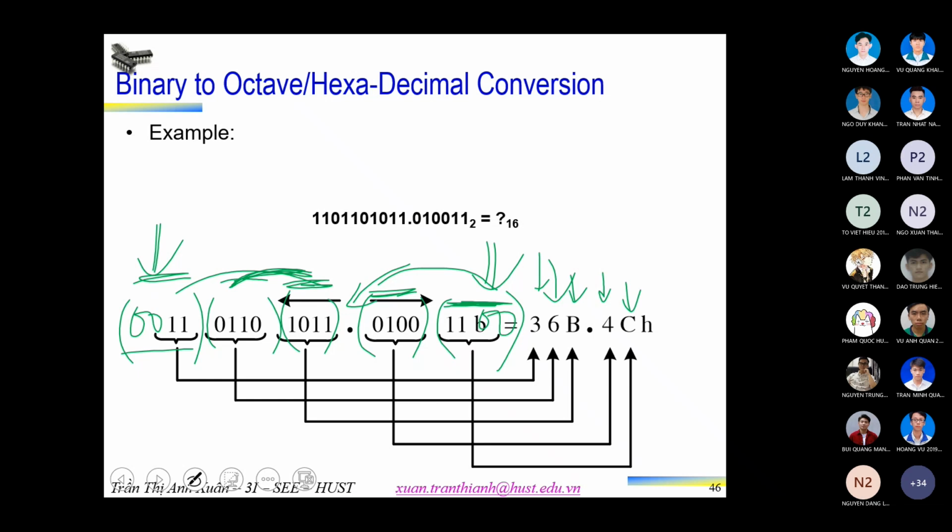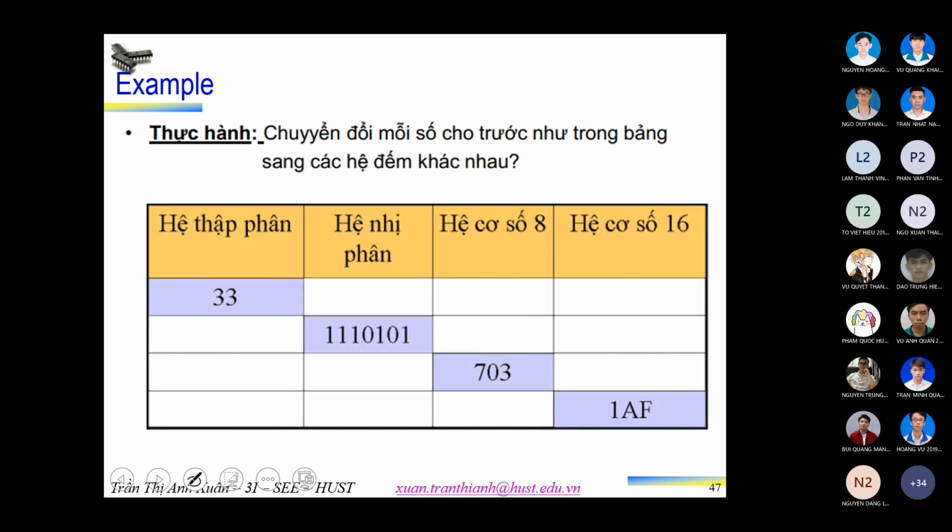So now we practice conversion from decimal to any other number system by choosing an example. For this example we are given the decimal number, so we find the conversion to binary, to octal, and to hexadecimal numbers.